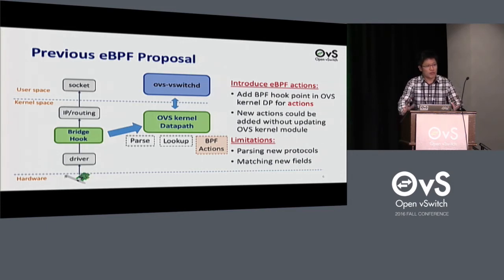We still keep the OVS kernel data path module, and instead we add a new BPF hook point to the action processing stage. This has the benefit that when we want to implement a new data path action or fix a bug, we could write an eBPF program and directly load it into the kernel module.